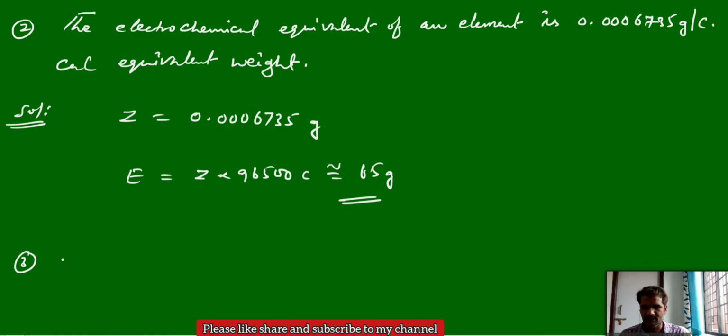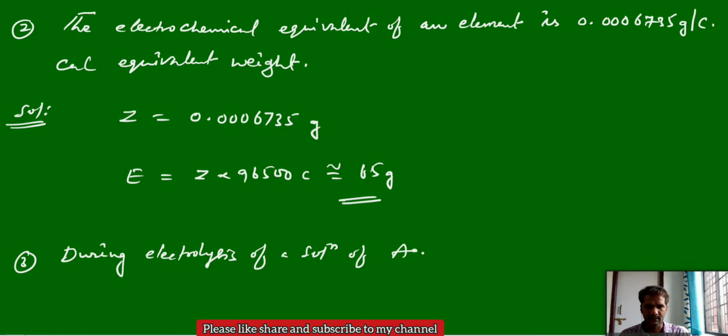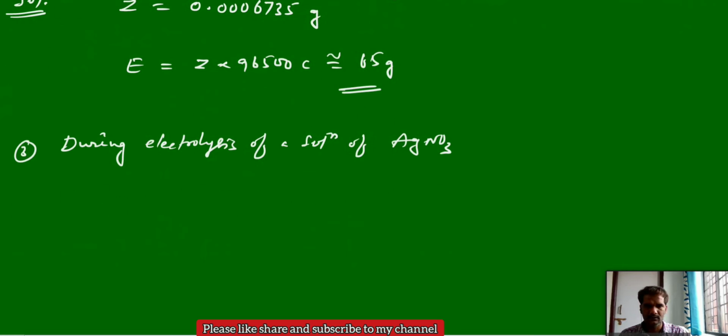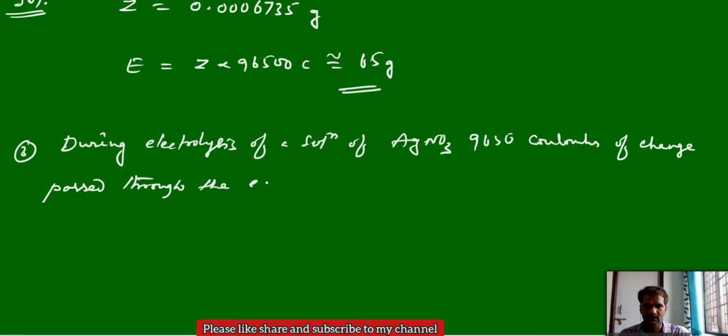Third question. During electrolysis of a solution of silver nitrate, 9650 coulombs of charge pass through the electroplating bath.